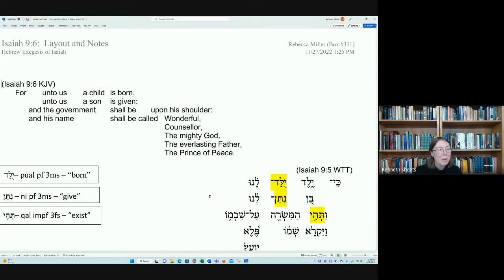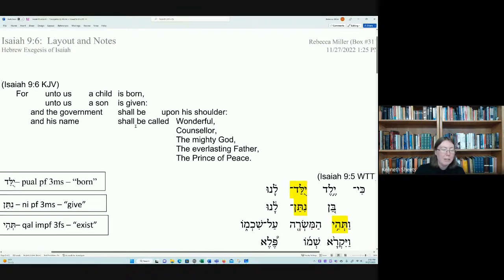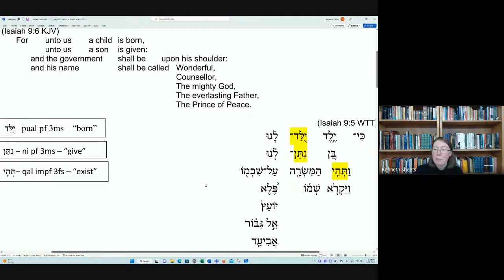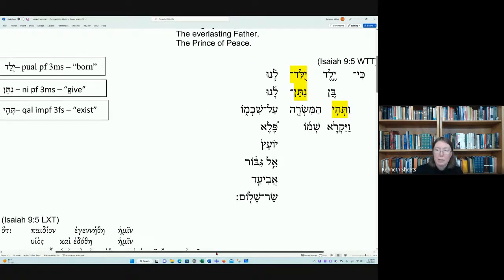So Isaiah 9:6: "For unto us a child is born, unto us a son is given, and the government shall be upon his shoulder, and his name shall be called Wonderful, Counselor, the Mighty God, the Everlasting Father, the Prince of Peace." That is the English text. We're familiar with that. Now let's take a look at the Hebrew text.